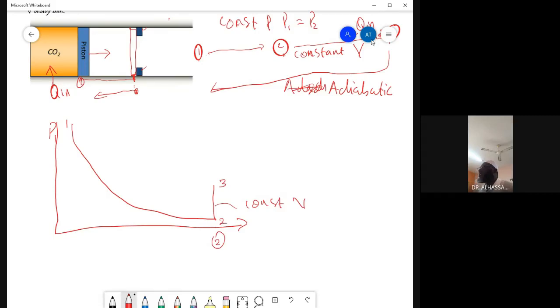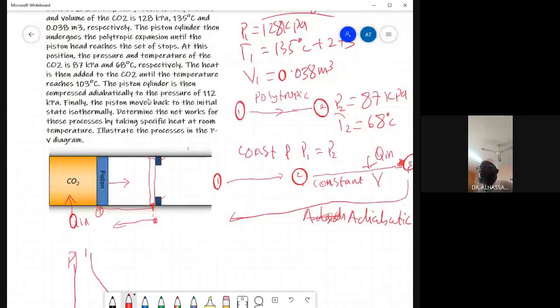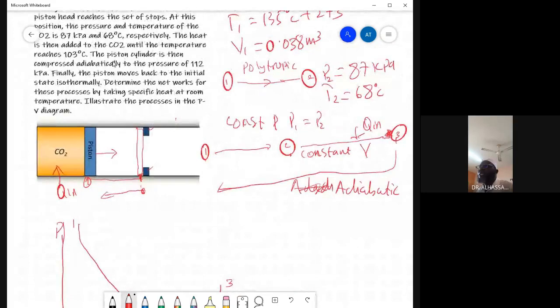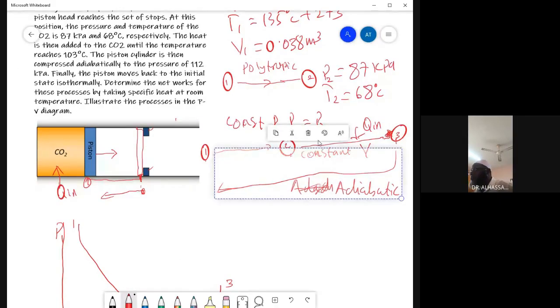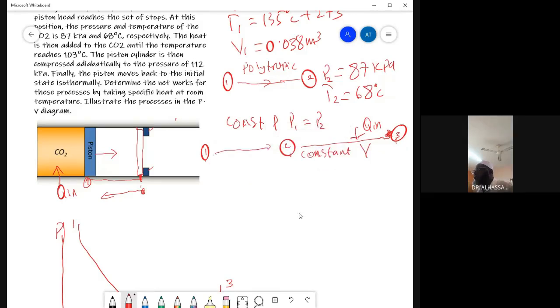Yes, this is it. And then, let's see. Oh, we have not finished. So adiabatic means the piston cylinder is then compressed adiabatically to a pressure of 112. Oh, yes. So we have not even reached the end. So let me delete this portion.